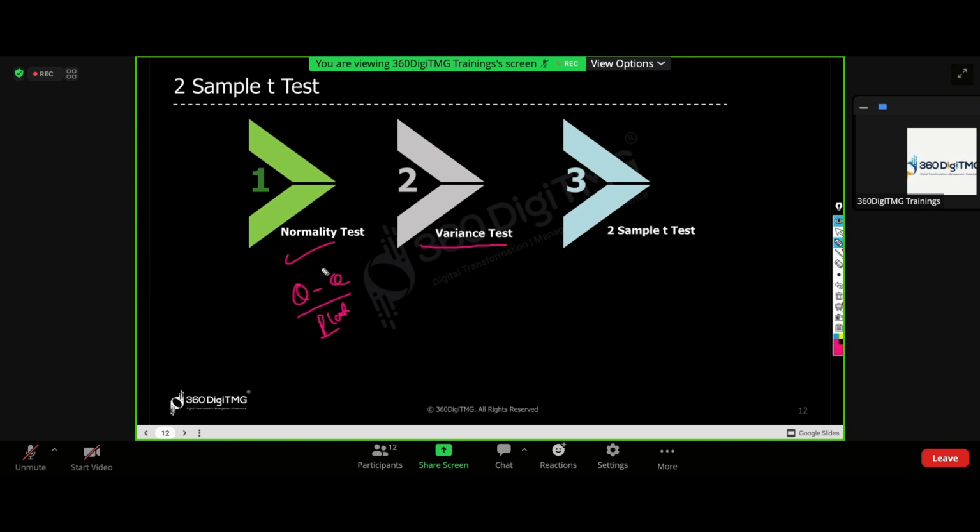If it is not normal, then you will go with another option, another method. Then you will check variance, if it is equal, if it is not equal. For two different conditions, we have two different methods. Then you will go for sample t-test. T-test is again related to student t-test, or from student table we have sample t-test.